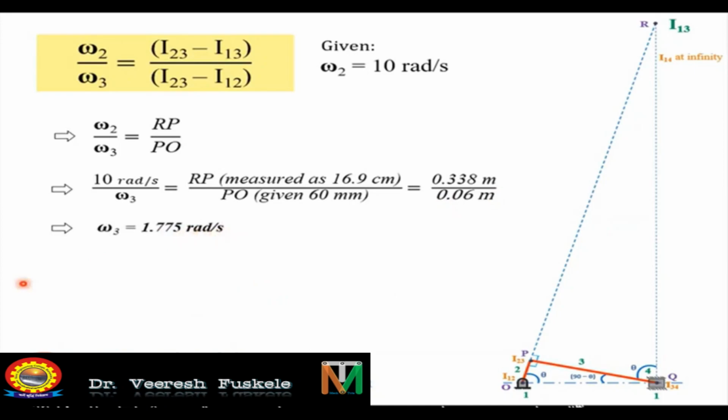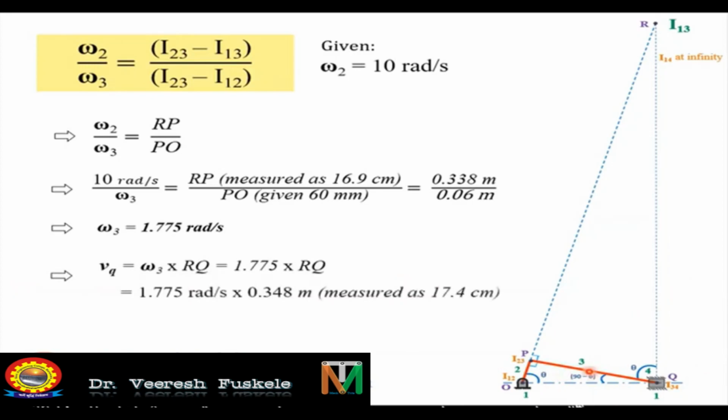With omega 3, now we can find out the velocity of the slider. VQ will be omega 3 into RQ. So this point will have the angular velocity of omega 3, because point Q is also on link 3, so it will have the same angular velocity as that of link 3.